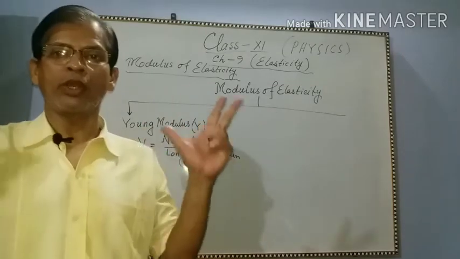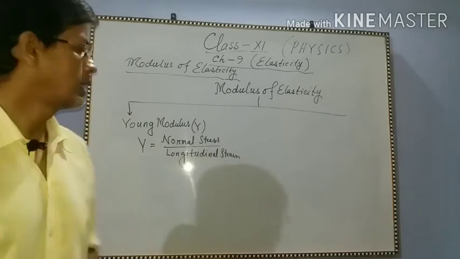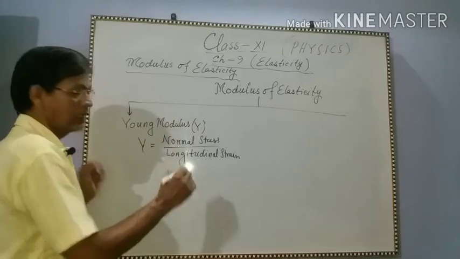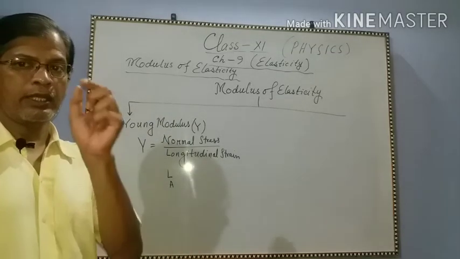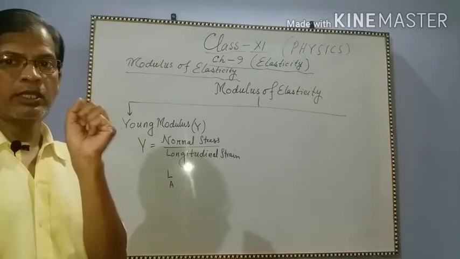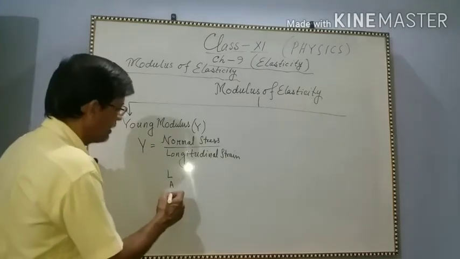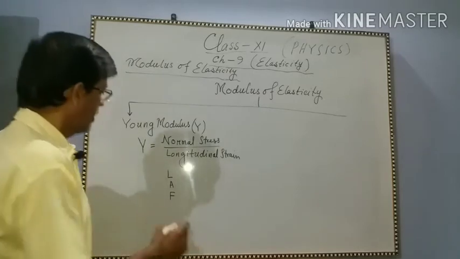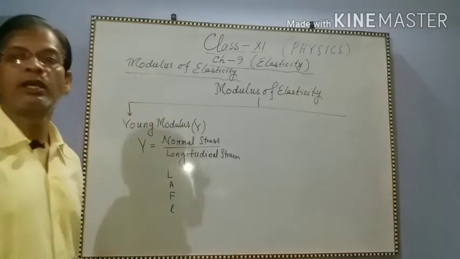Suppose a wire of length L and area of cross section A, and a normal force F is applied, due to which the extension is l.